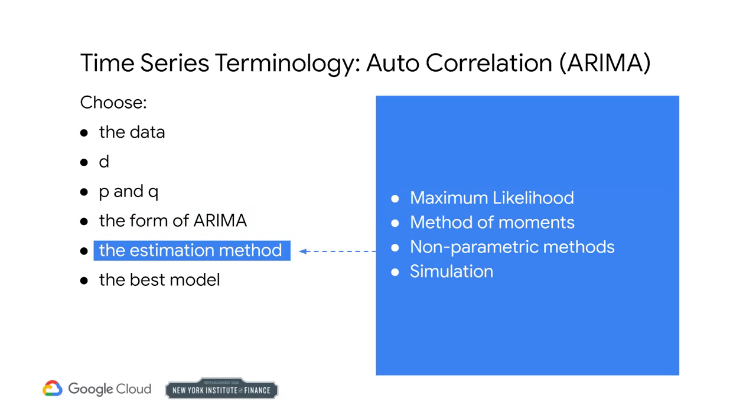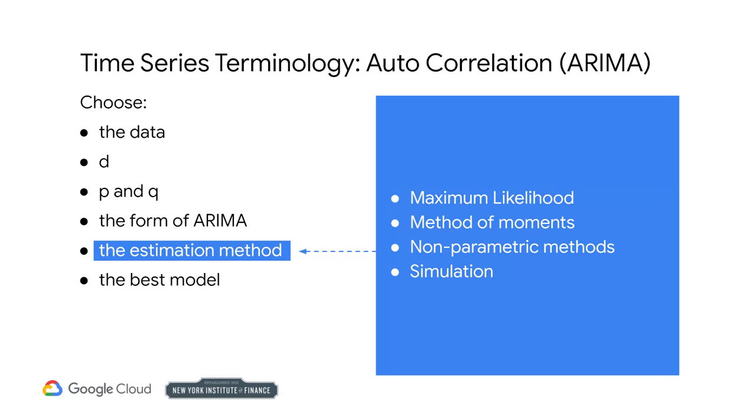Fifth, you choose the method of estimation. Unlike the parameters in the linear regression models, the parameters in ARIMA models are more difficult to estimate. The method of estimation is key. You might use maximum likelihood, quasi-maximum likelihood, generalized method of moments, non-parametric methods of estimation, and even estimation by simulation.